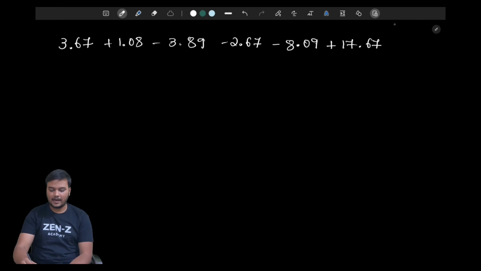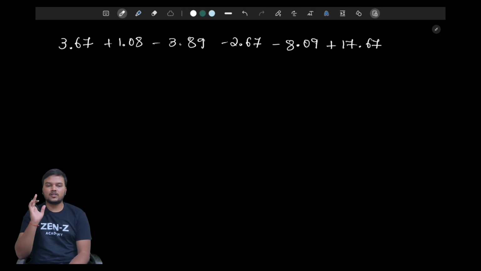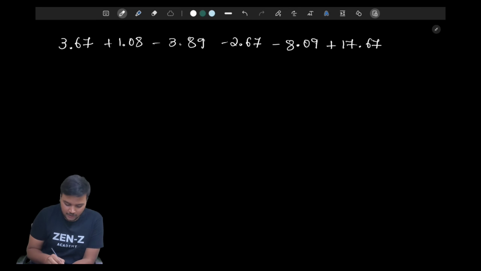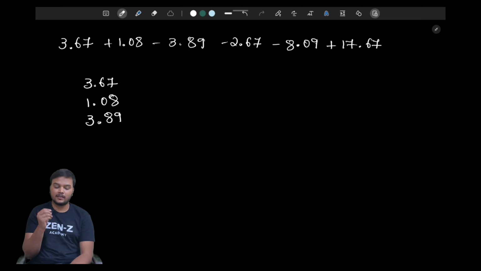So here what we have to do is basically, first we have to add all the positive numbers and then add all the negative numbers. So I'll perform an addition here, which will be of 3.67, 1.08, and 3.89, sorry, 3.89 I should not add here because it is a negative number.